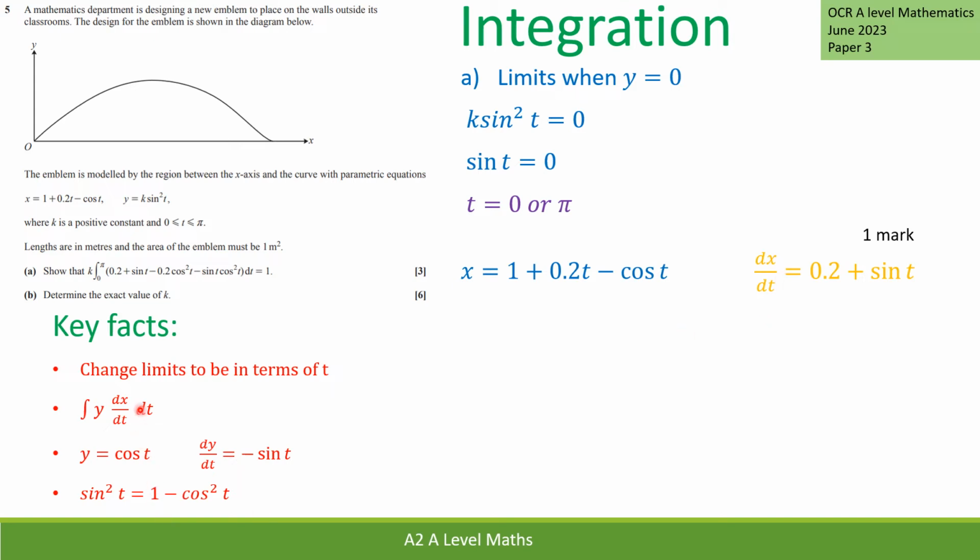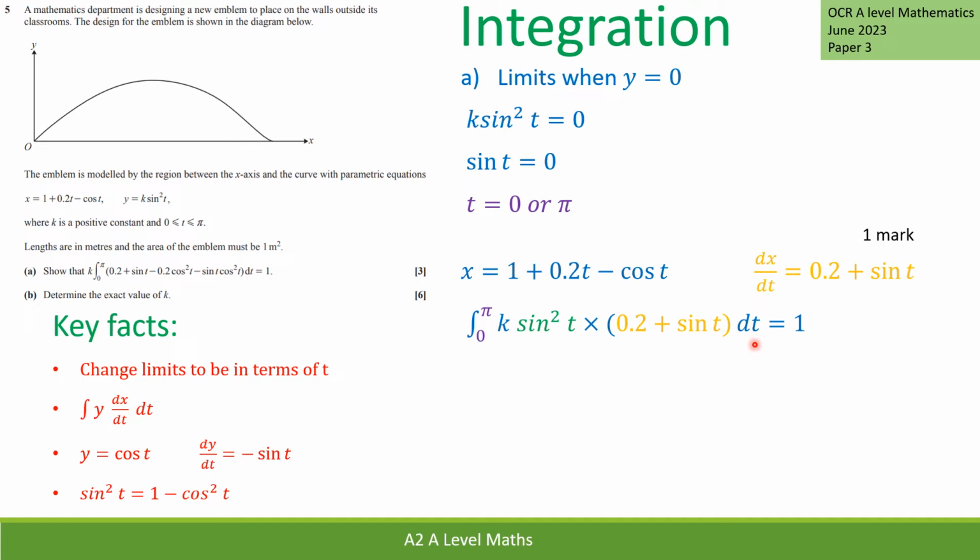From here, I'm going to put this dx by dt, the y, my limits, and the dt into this expression here for integrating parametrically. My limits are between pi and 0. I've got my expression here for y, which is k sine squared t, times 0.2 plus sine t, which is dx by dt.